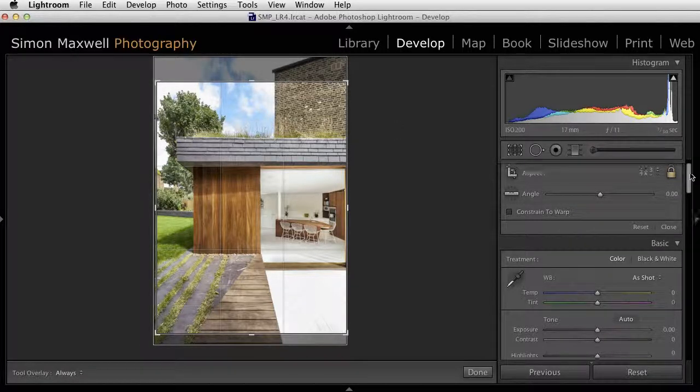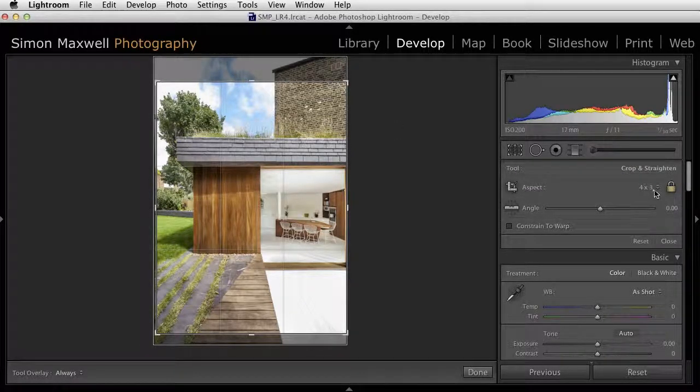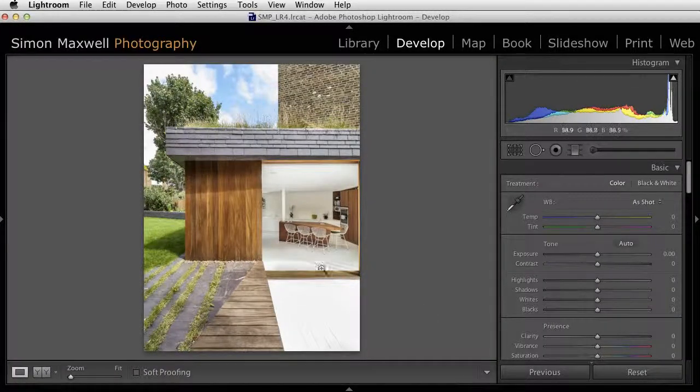So I've set up in Lightroom here a crop preset of 4:3, and I very often crop my portrait format images to something like that. That's actually kind of in proportion to an A4 magazine, and editors really like to be able to use portrait format images in a series of pictures.